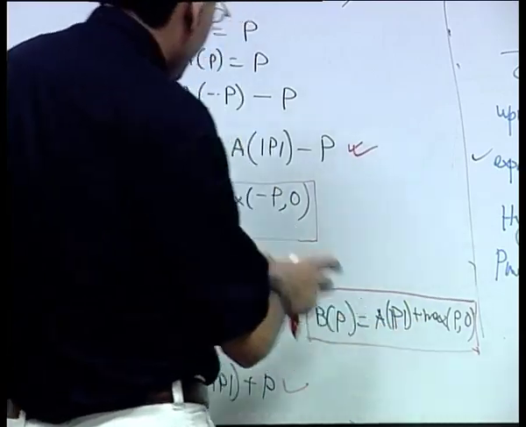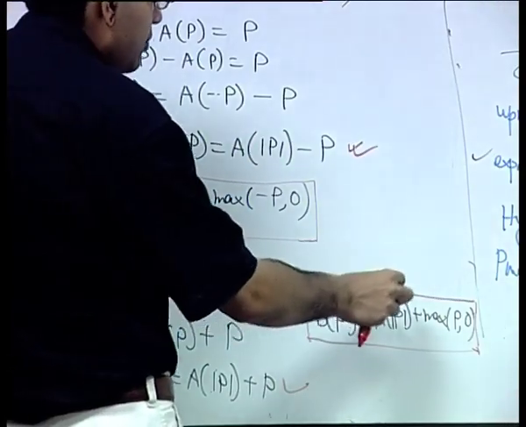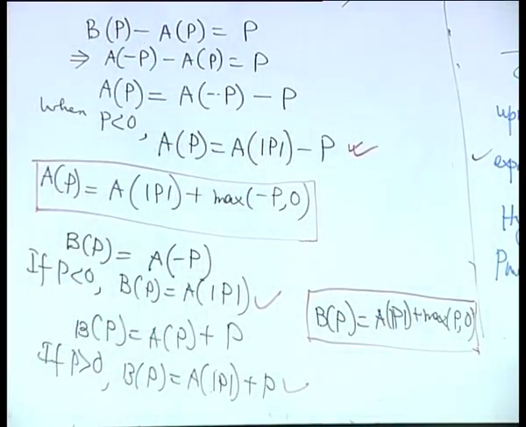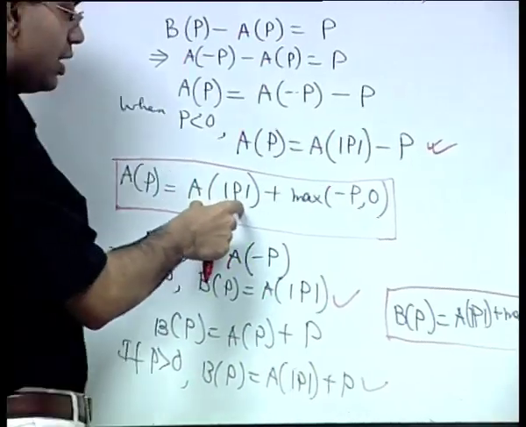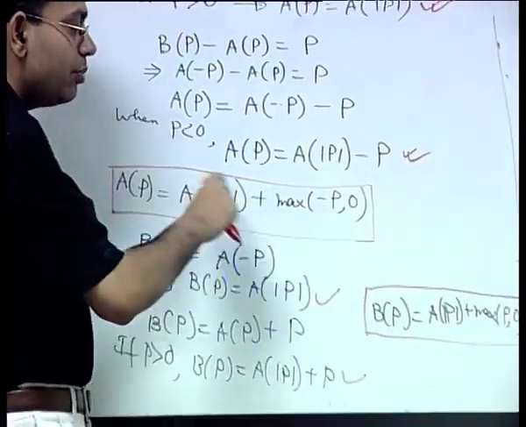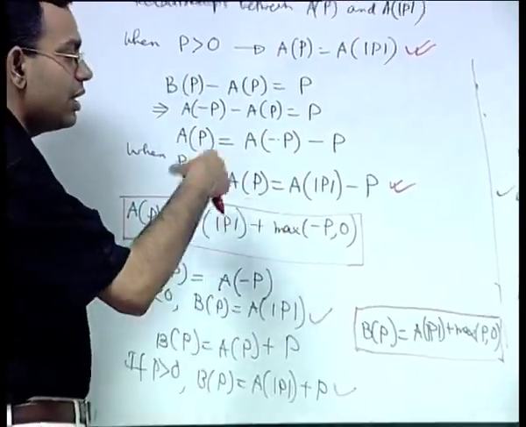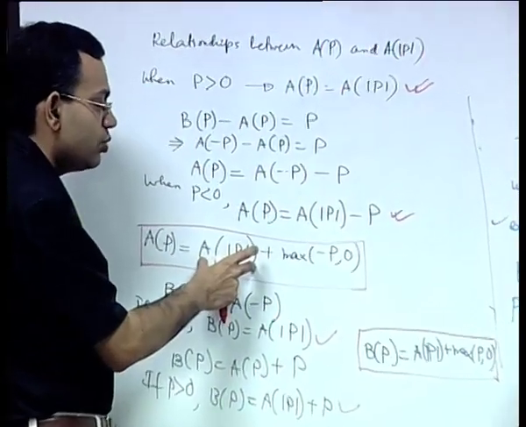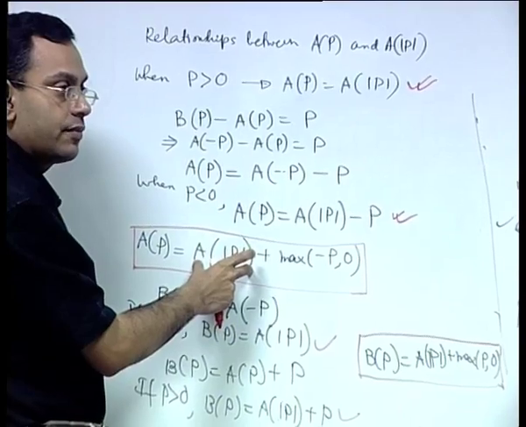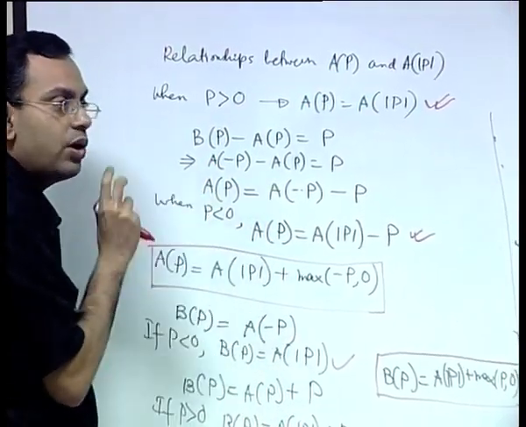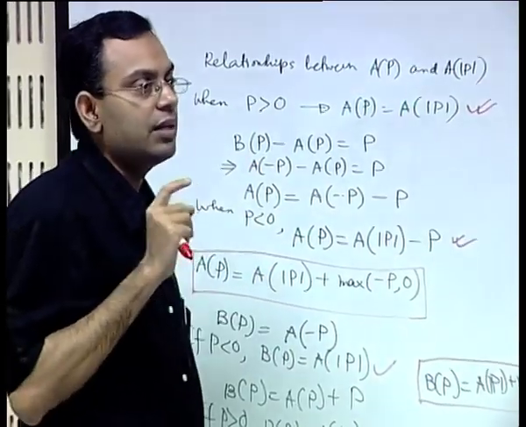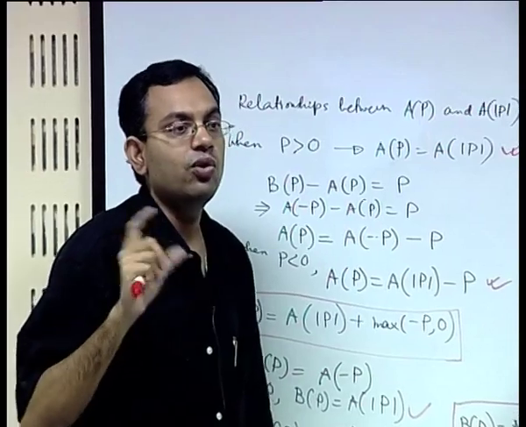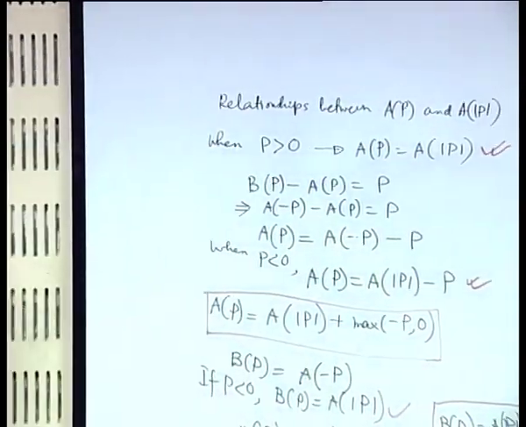So it is possible to write A of P and B of P as a function of A of mod P alone. So A of mod P is the sole important function, because if you know A of mod P, you can write A of P and B of P both without calculating them separately in a difficult way. A of mod P is important because you can calculate it irrespective of the flow direction in the same way.